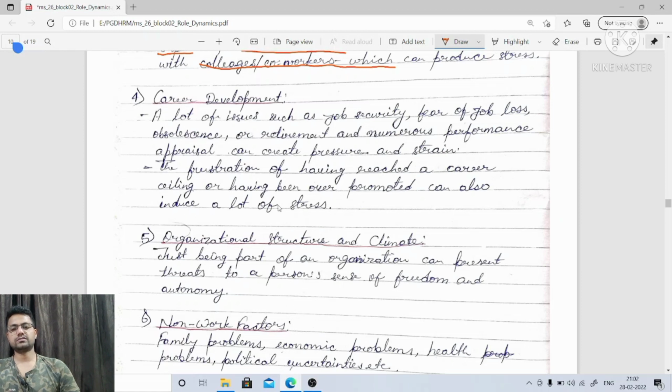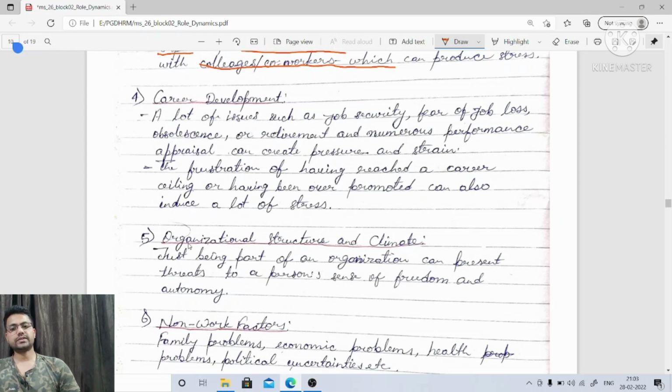So there are many reasons a person may feel stress, and all of these come under career development. For example, job security is also related to career development.